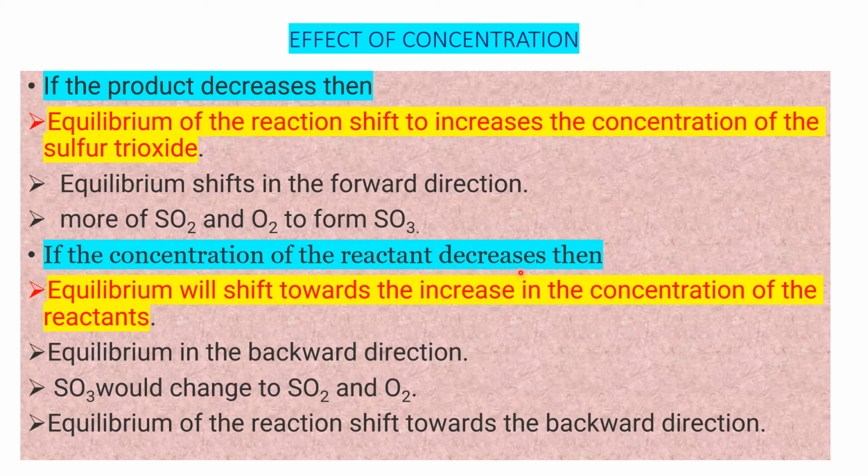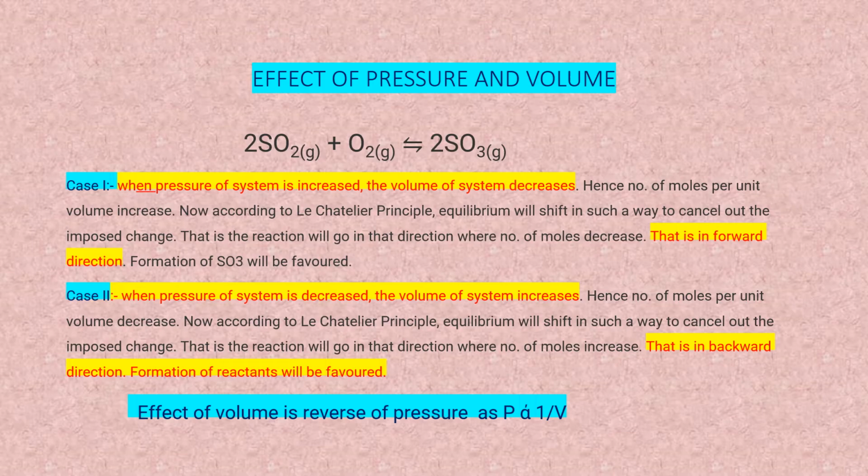And how it can be increased? If the concentration of products decreases, that is, if sulfur trioxide moves in the backward direction to produce sulfur dioxide and oxygen, that is, the equilibrium will shift in the backward direction.